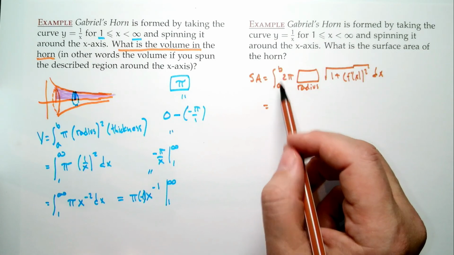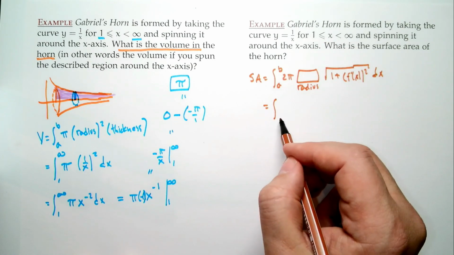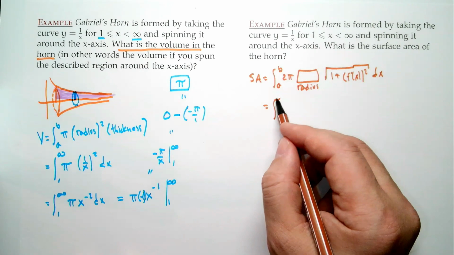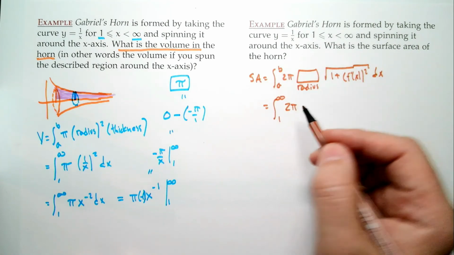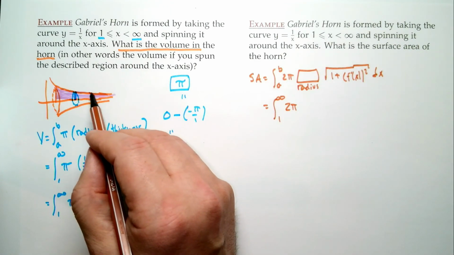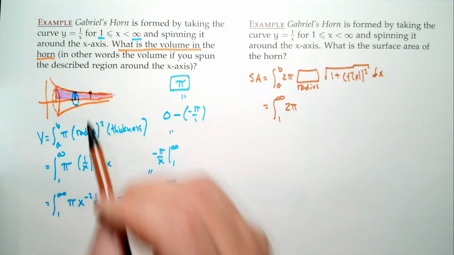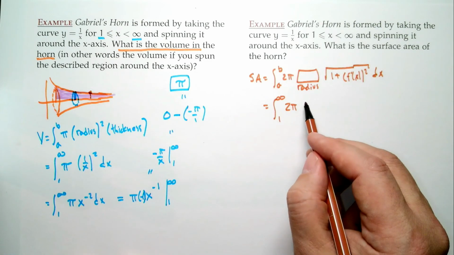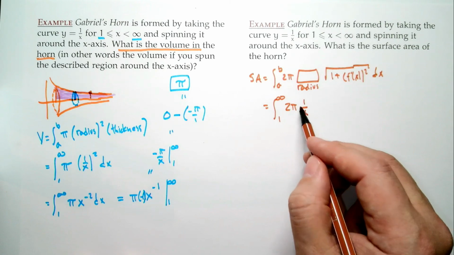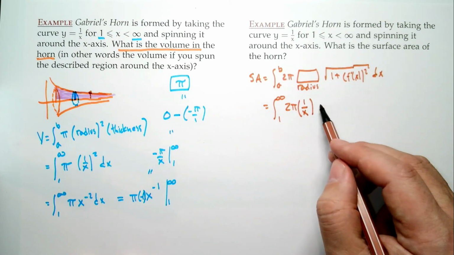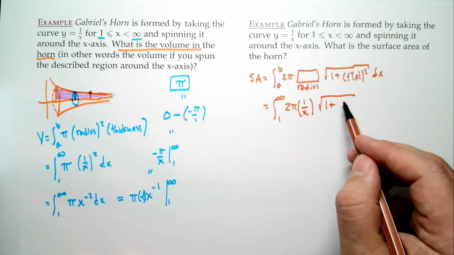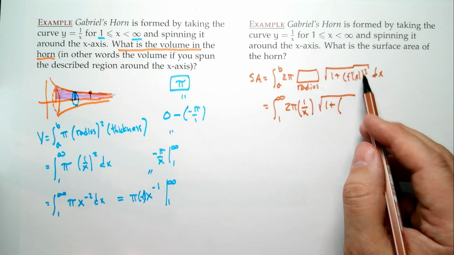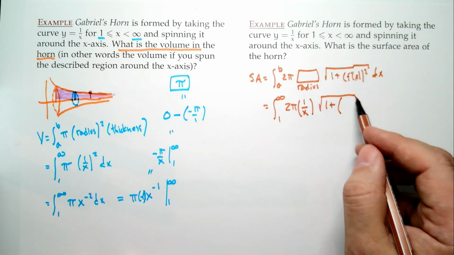Integral from a to b. Well, a to b will be 1 to infinity, 2 pi. What's our radius? So we have a little tiny piece. How far are we? f of x, which is 1 over x. That's our radius. The square root of 1 plus, all right, what's the derivative of 1 over x?